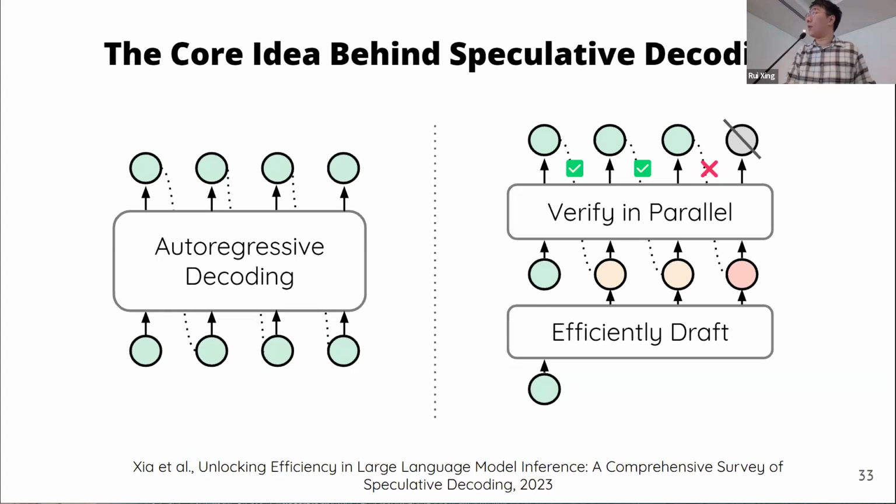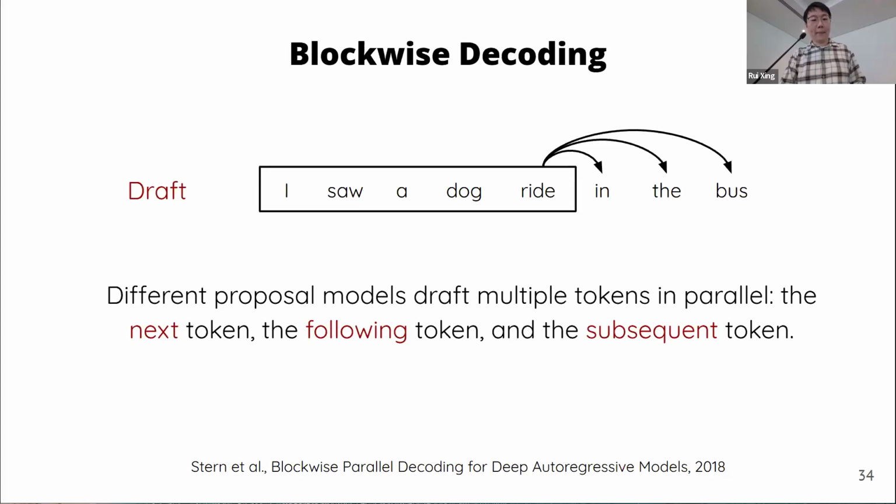When it meets the first unaccepted token, marked in gray, it will generate its own predicted token. Then we iterate the pipeline several times to save compute.